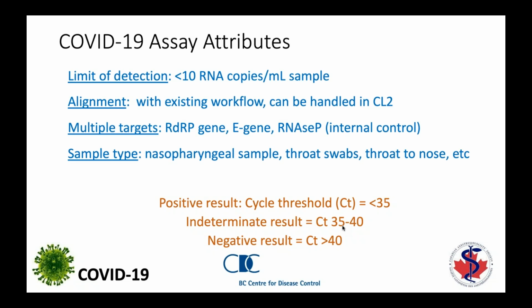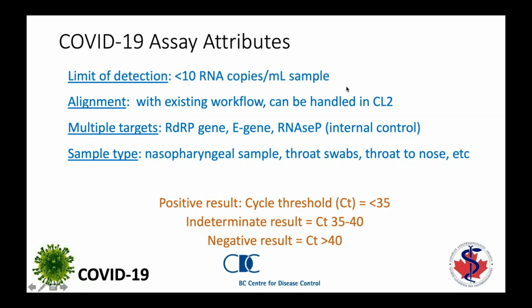When we look at the analytical assay and the attributes that we design into the assay, our assay at BCCDC and most homebrew RT-PCR assays have a limit of detection of less than 10 RNA copies per mL of sample. The majority of the commercial assays that are available have a limit of detection of about 100 RNA copies per mL of the sample. We try to align it with our workflow so that operationally it is easier to increase when necessary.